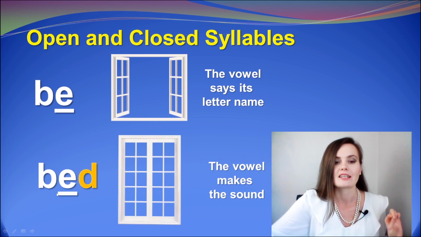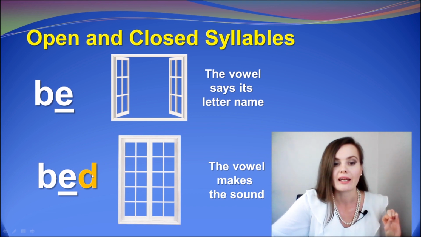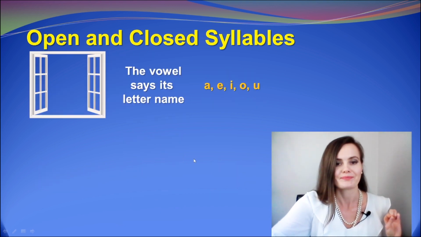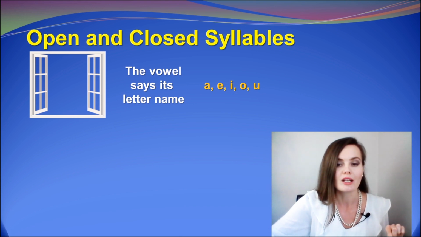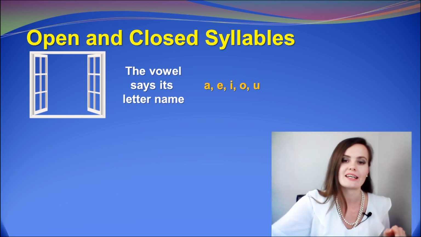Again, if the syllable is closed, the vowel makes the sound. It can be closed only by a consonant on the right side. Okay, so let's now review how the vowel sounds if the syllable is open. The vowel says its letter name.